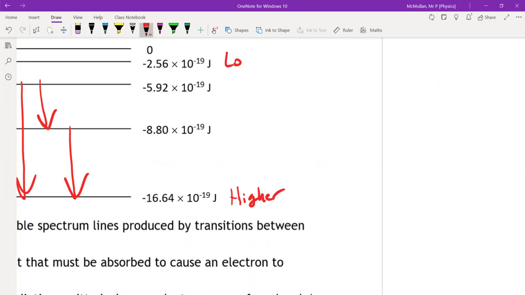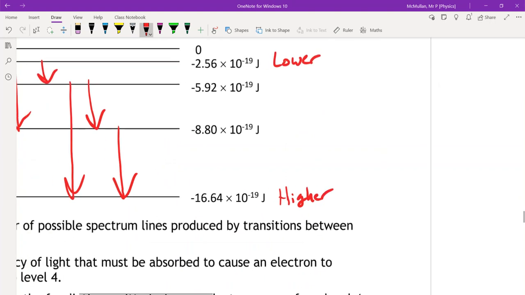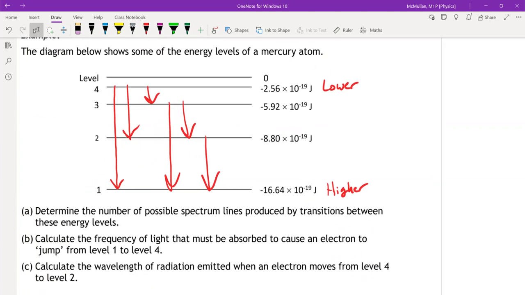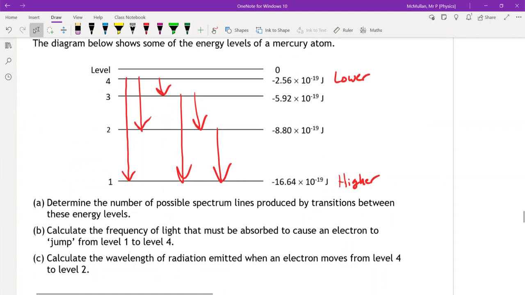And this is lower, because 2.56 times 10 to the minus 19 is smaller than 16.64 times 10 to the minus 19. 16 is bigger than 2. Remember we said it's only negative because it's an electron. We highlighted that previously. So they're given negative signs because they're negative by nature.